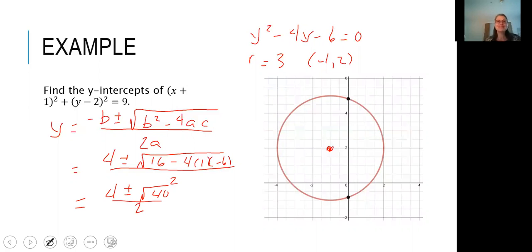Now 40, you're going to have to remember how to simplify radicals. 40 is 4 times 10. So this is going to be 4 plus or minus 2 times the square root of 10 over 2.